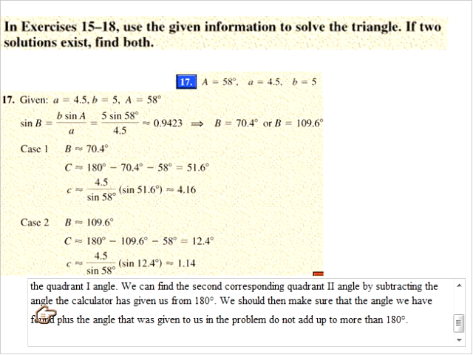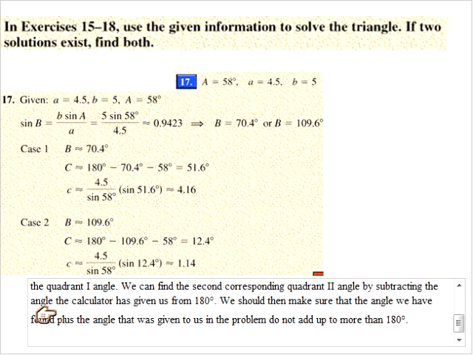This happens because the sine function is actually positive in your first and your second quadrant. Your calculator only takes the very first answer it sees, and that's always in the first quadrant. So the calculator is neglecting to tell you that additional information that, hey, there's another value for it in the second quadrant too.